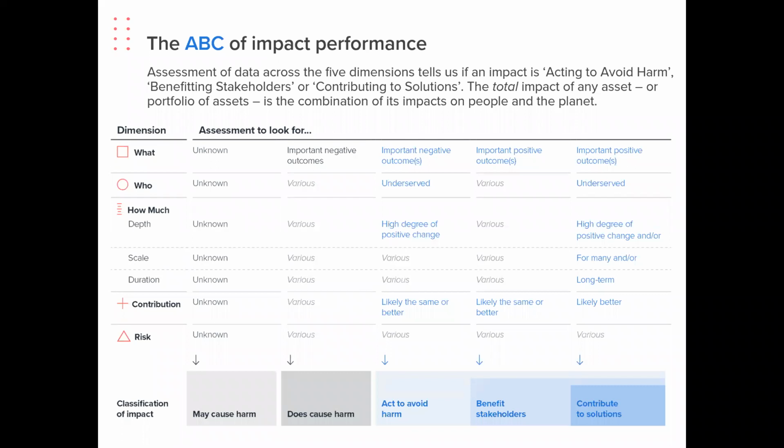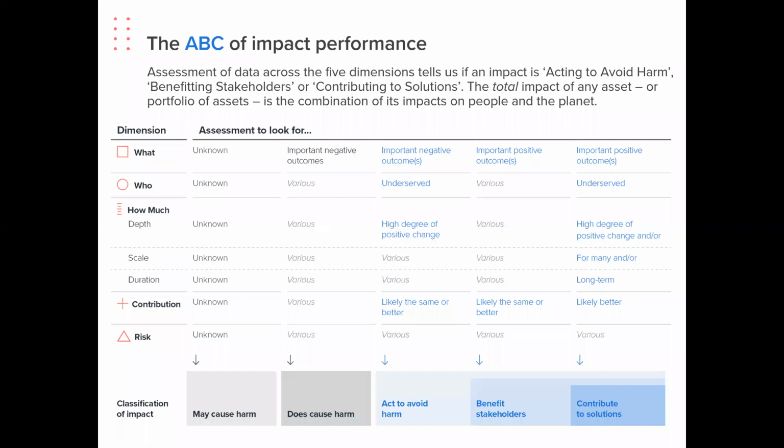Moving a little bit further to the right, benefit stakeholders is actually moving into the domain of causing an important positive outcome. I will say that this is an intentionally lower bar, just recognizing how widespread it is that businesses are able to directly contribute to better outcomes for people and planet. And we want to provide a place to catch all of those.